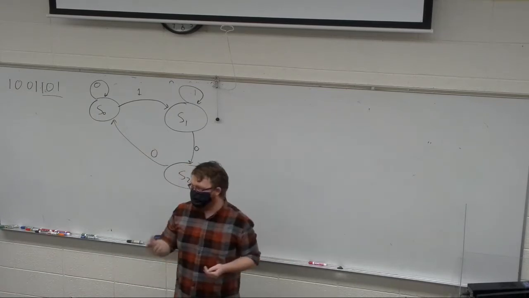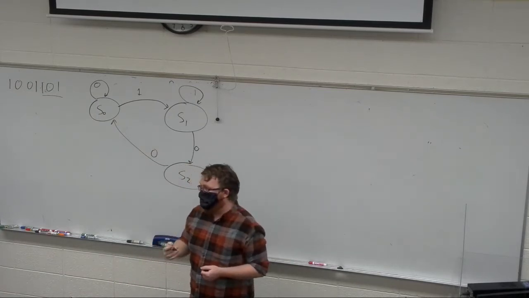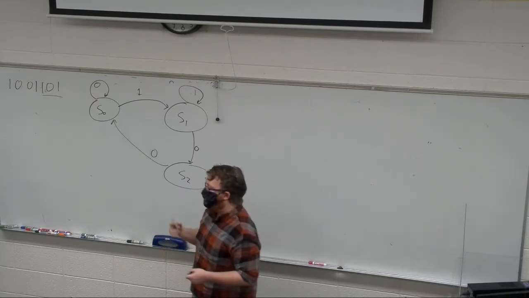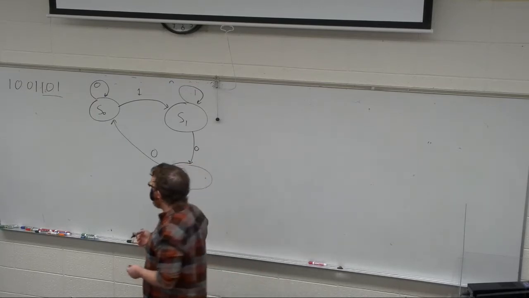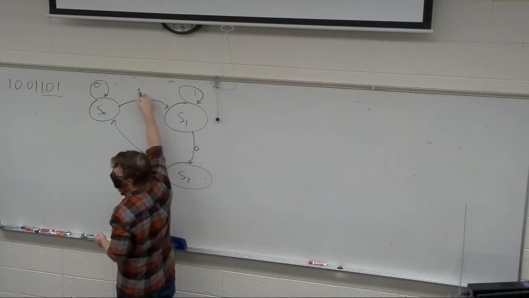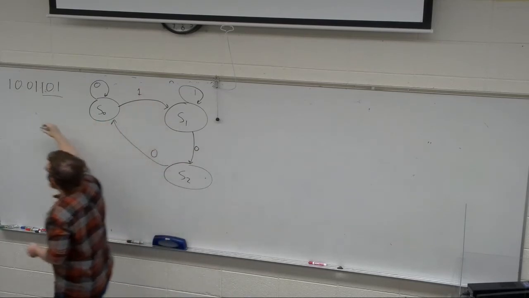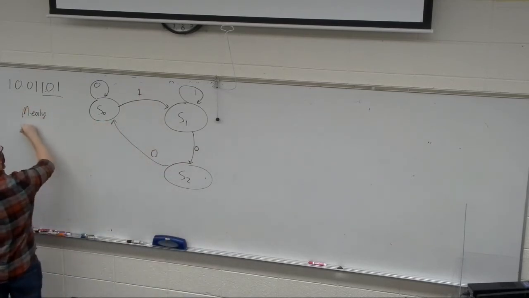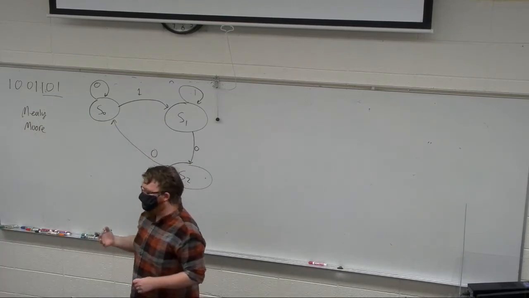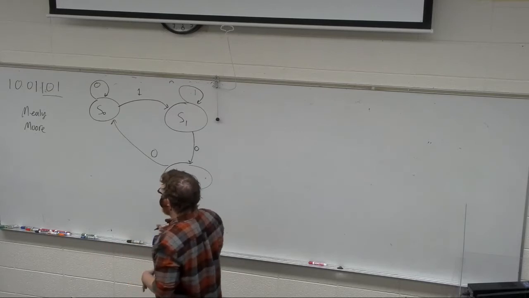Now you'll recall that there are 2 types of state machines, right? There is Mealy and Moore. A Mealy state machine has outputs that depend upon the inputs. That's Mealy. And then a Moore machine has outputs that depend only upon the state that you're in.